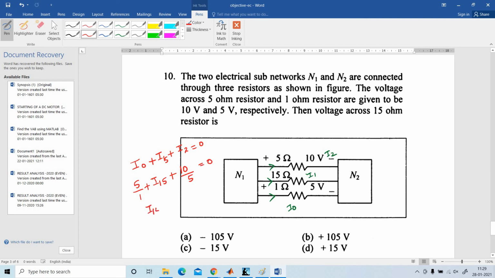So I15 equal to minus 5 minus 2, that is minus 7. So what is the voltage? Voltage V15 is 15 into 7, 105. So the answer is minus 105 is the correct answer.